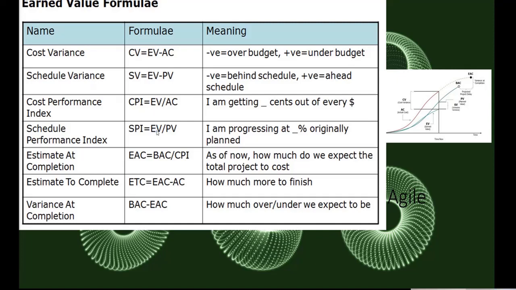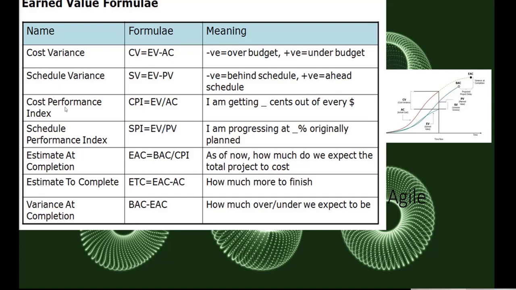EV means what you are doing right now, how much value it is. So it's more important. If this is greater than the other parameters, we are in the safe line. And if it is lower, then we are in the danger zone.